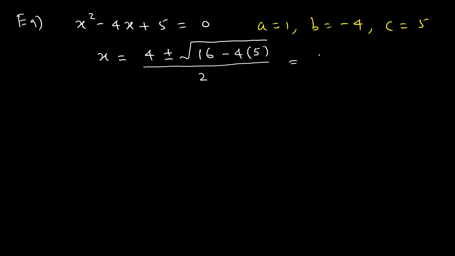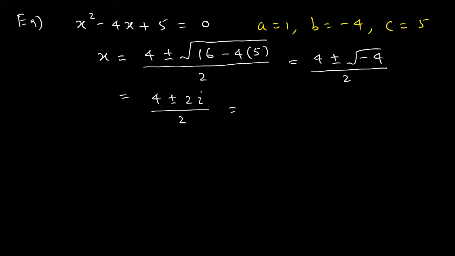And then you can see it is 4 plus or minus, you get 16 minus 20, so you get negative 4 square root. Using the same trick before, we can see that this is 4 plus or minus 2i over 2, and you can see that this simplifies very well.